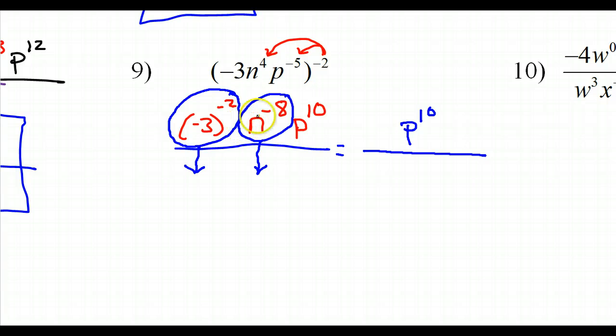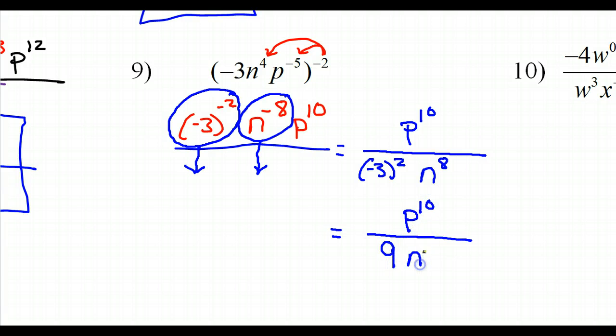N to the 8th power drops down and becomes positive. And this -3 to the -2 power drops down and becomes positive as well. So this is almost the answer. Now that we don't have a negative exponent anymore, we can go ahead and square it. Okay, so the final answer is going to be p to the 10th power over 9 n to the 8th power.